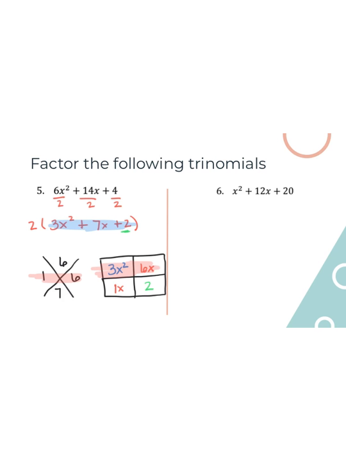They both have a 3x. 1x and 2. They both just have a 1 in them. 3x and 1x. They both just have a 1 and an x in them. And then finally, 6 and 2, they both just have a 2.